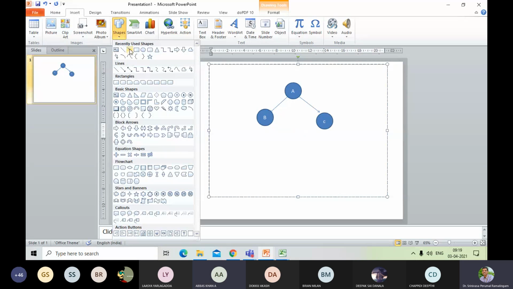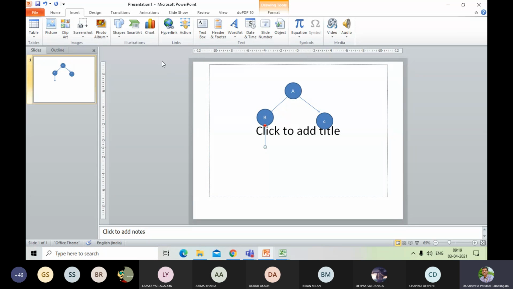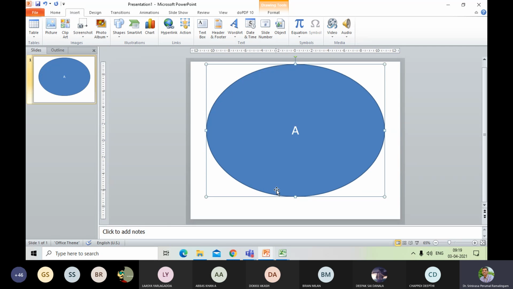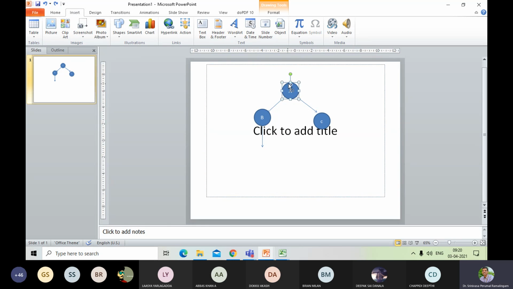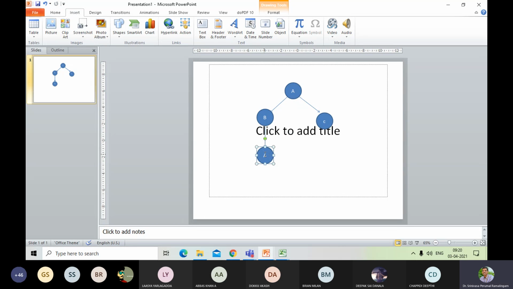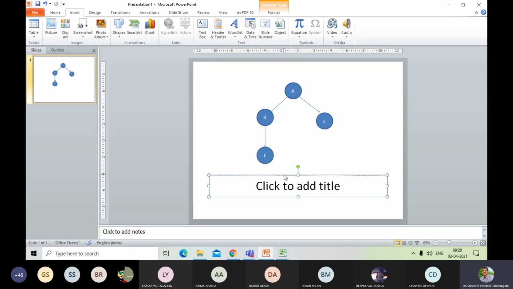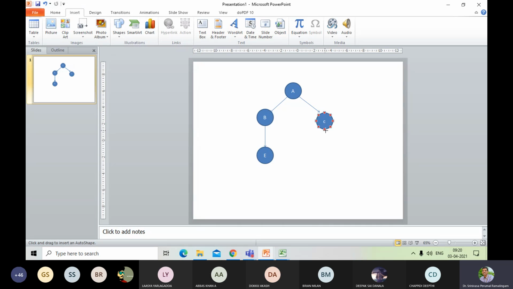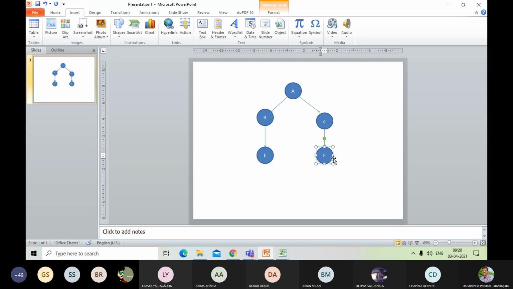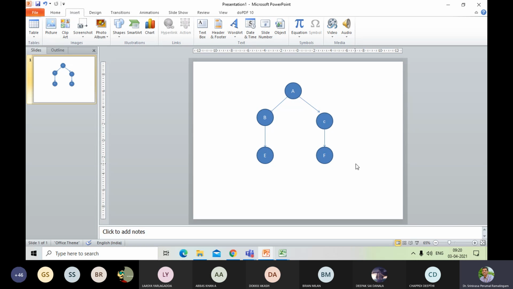So from B, we may have another module, it may be E. Similarly here, F. So here we have A, B, C, E, F. A is the integrated one.